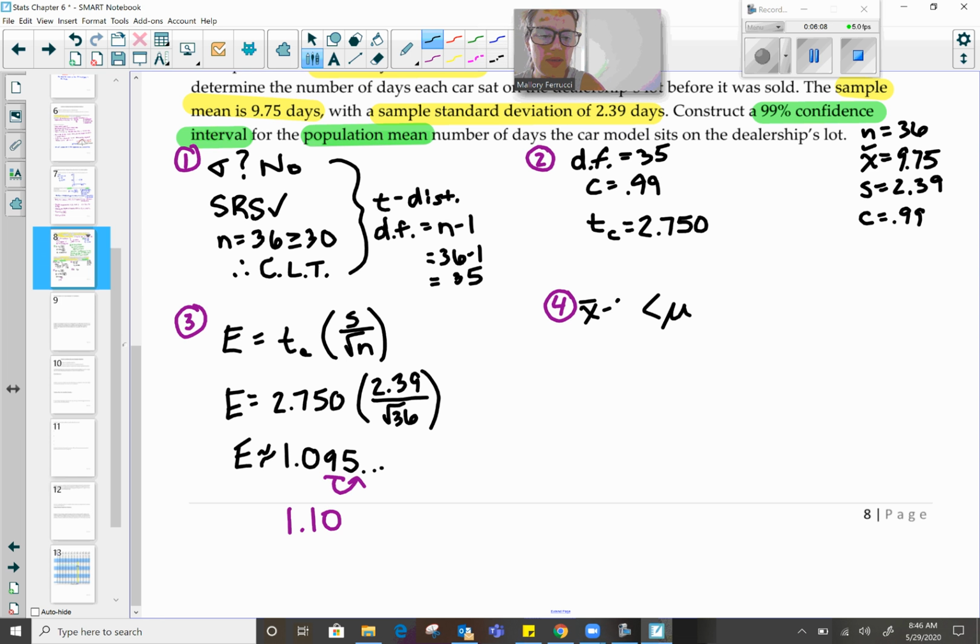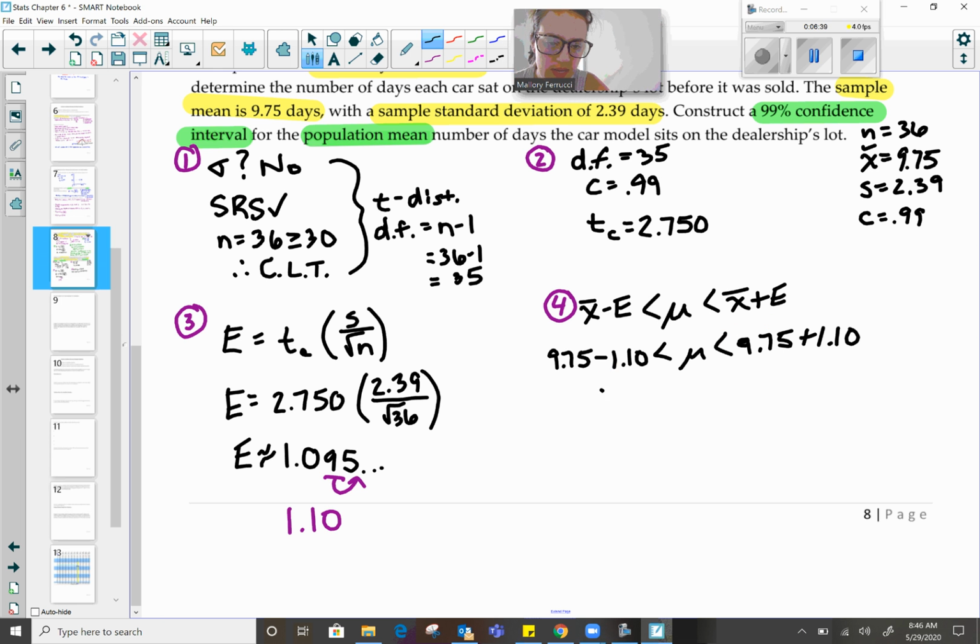So we're going to do x bar minus E and x bar plus E. So we're going to have 9.75 minus 1.10, which is less than mu, which is less than 9.75 plus 1.10. So we get 8.65, which is less than mu, which is less than 10.85.